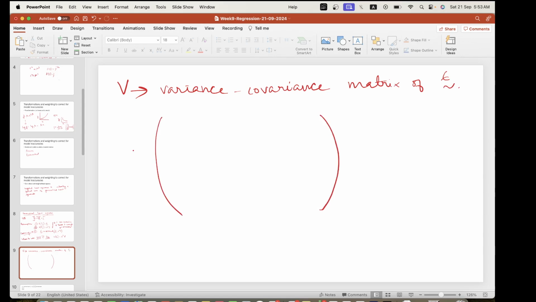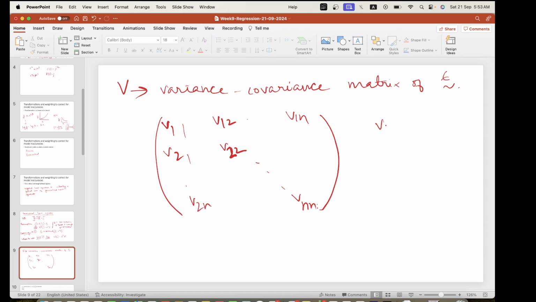So V takes this form. V will have some v11, v12 to v1n, and then v22 to vnn, and we would have v21 to v2n, and so on and so forth.